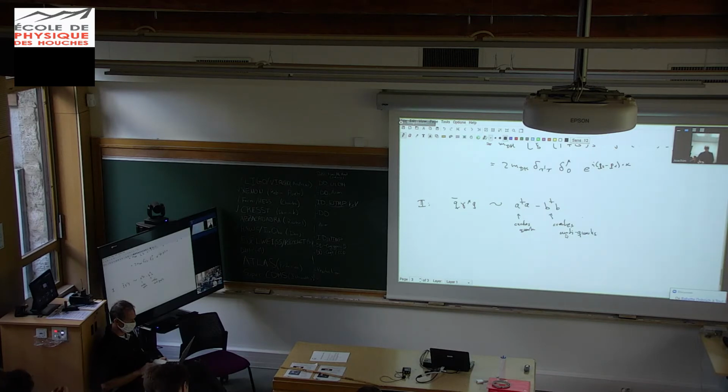So this operator is just a number operator that counts quarks, and that one is a number operator that counts anti-quarks. So this is just the number of quarks minus the number of anti-quarks.